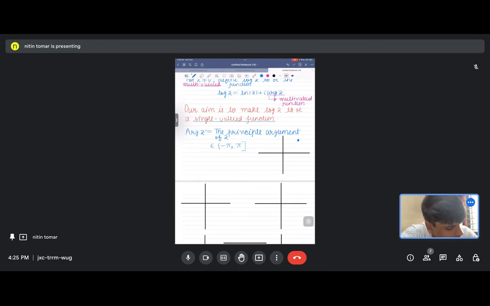By definition, it is the angle between the positive real axis and z, measured in the counterclockwise direction, correct?